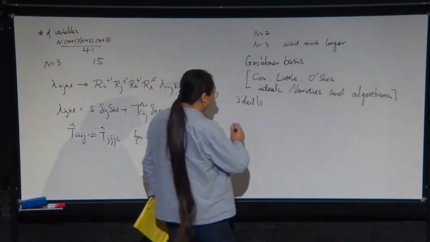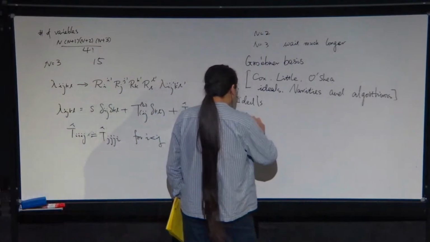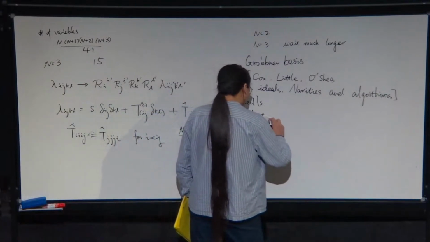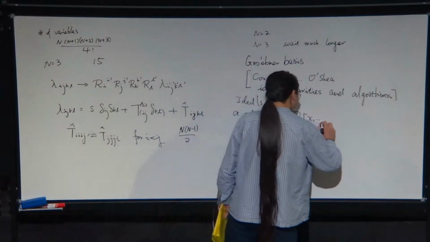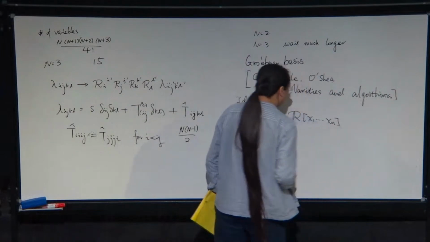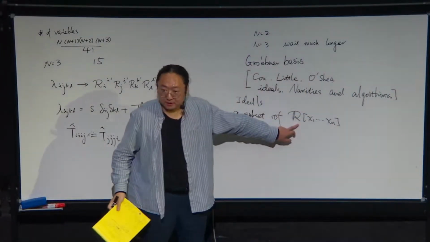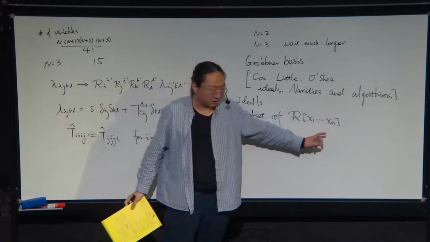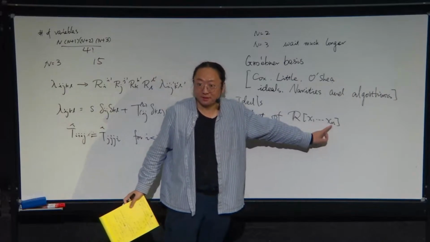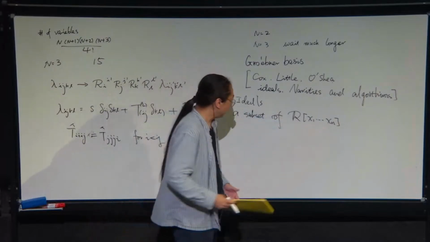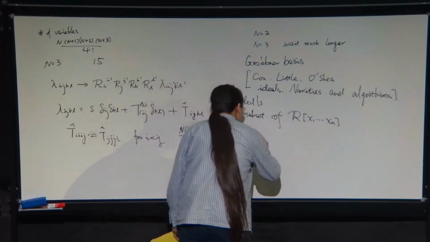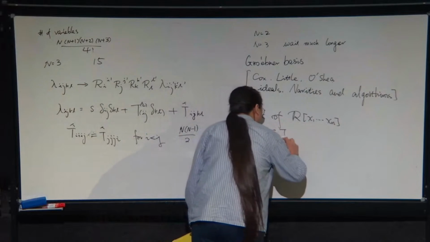So an ideal is a subset of R, which means the space of all polynomials with n variables, x1 to xn. An ideal is a subset of these polynomials satisfying these three conditions. One is that 0 belongs to this ideal.